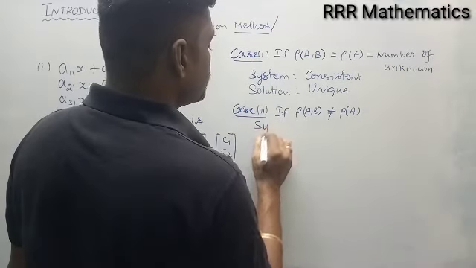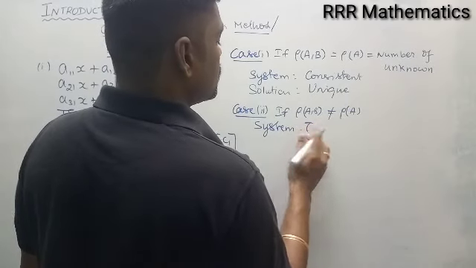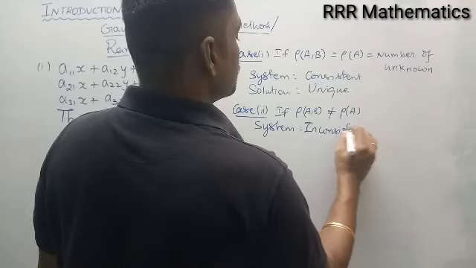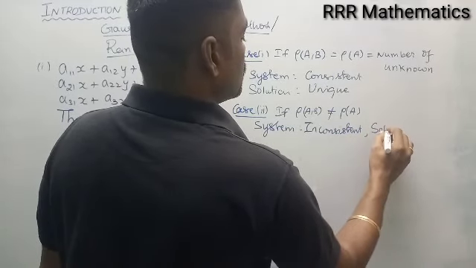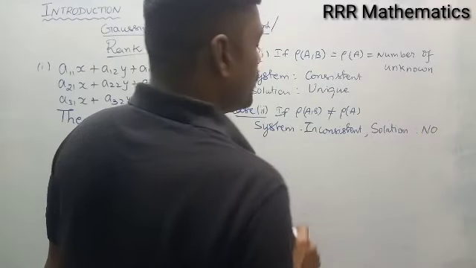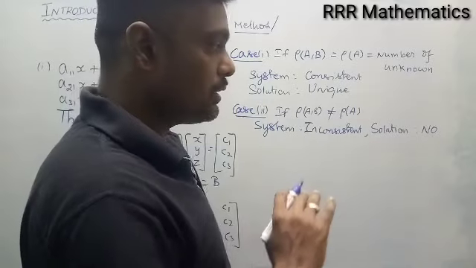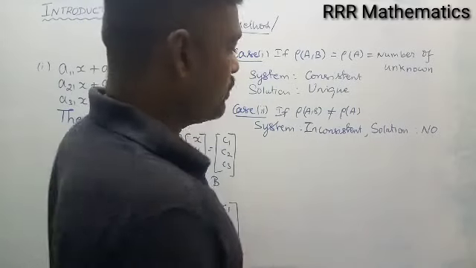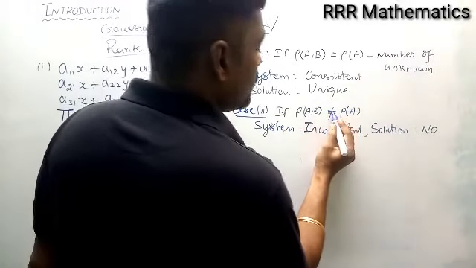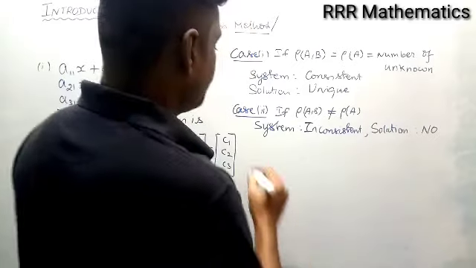In this case, the system is inconsistent. The solution is no solution. The word inconsistent will come in the case of no solution. If a solution does not appear, if it is not possible, then the system is inconsistent. Rank of (A, B) and rank of A are not equal: system inconsistent, no solution.